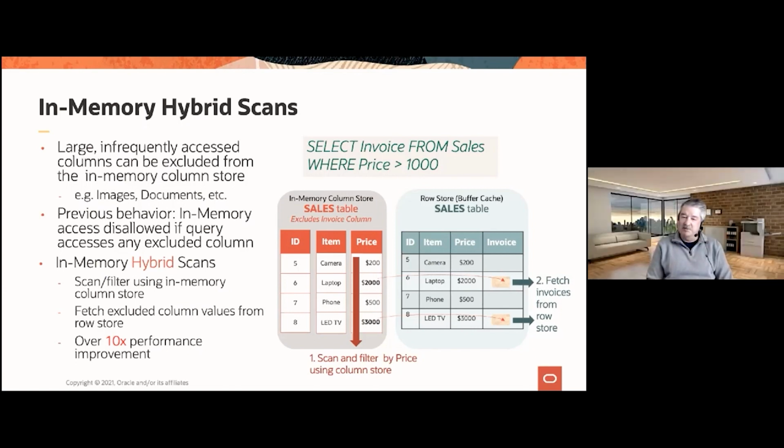We don't use B-tree indexes, but with the ability to push predicates, like in this case where price is greater than 1,000, into the scan, we've talked about pushing predicates before. We're going to get a small number of column values, or in essence row values, back, and then we can go pick up individual values from the row store.